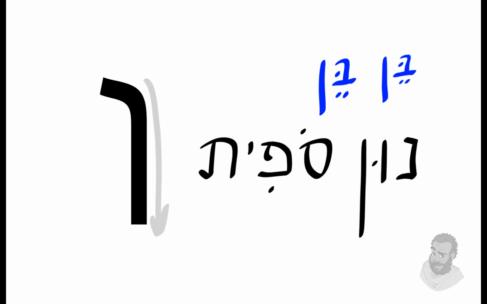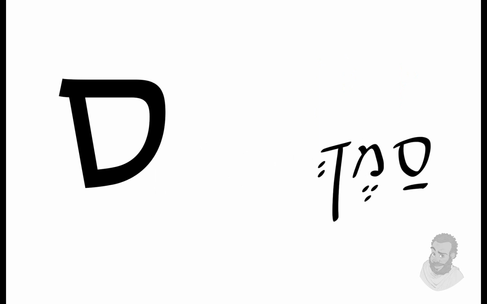Ben. Son. Here you have samech. Samech. You see the kaf sofith? That indicates to me that this is the end of this word.